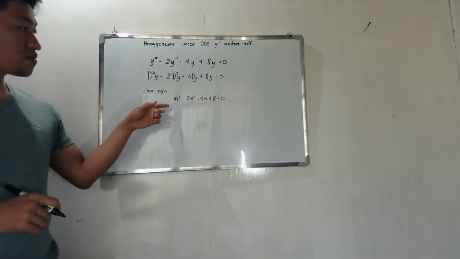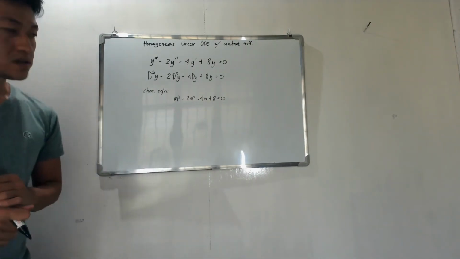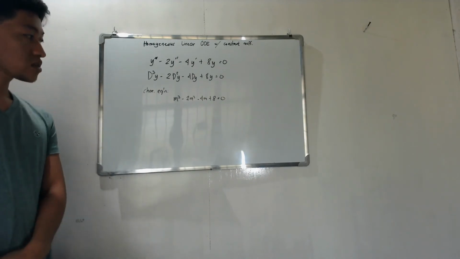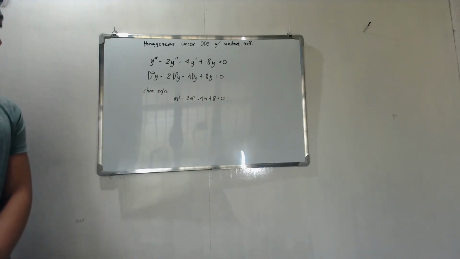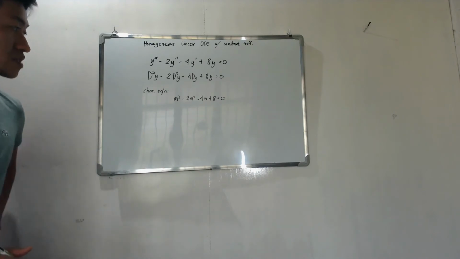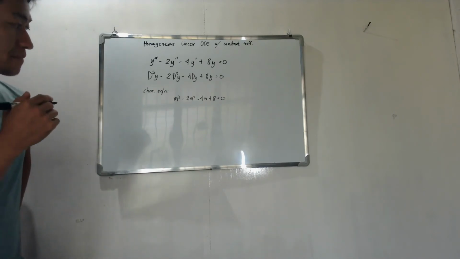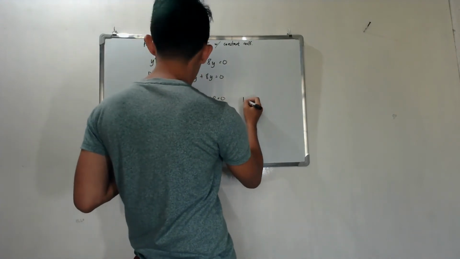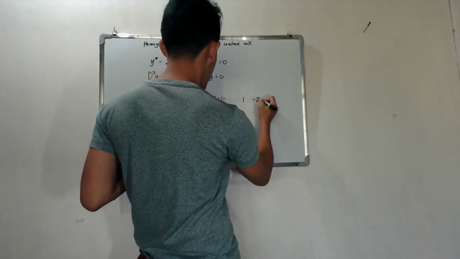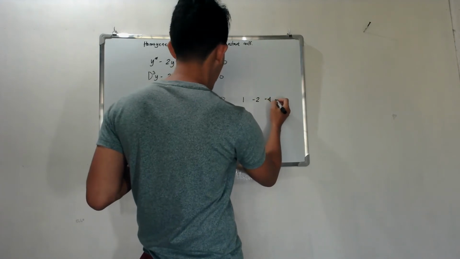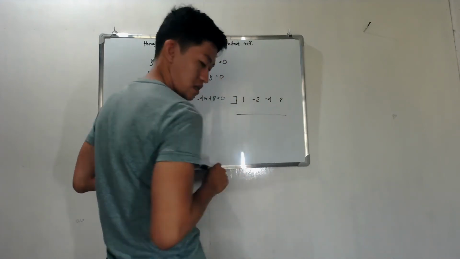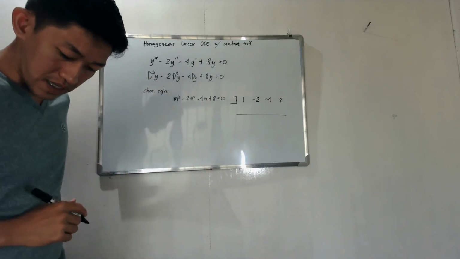Okay, how do you factor this out? How do you get the roots of a cubic function? You can apply synthetic division. Okay, 1, negative 2, negative 4, and 8. Okay, let's start with 2.